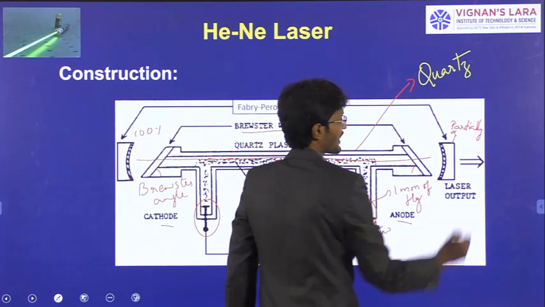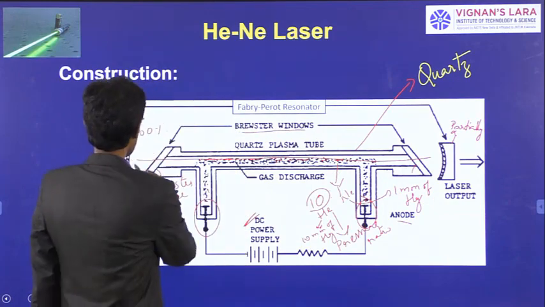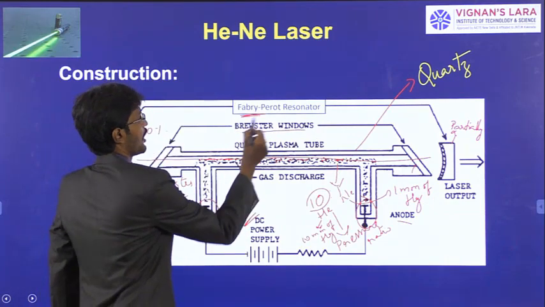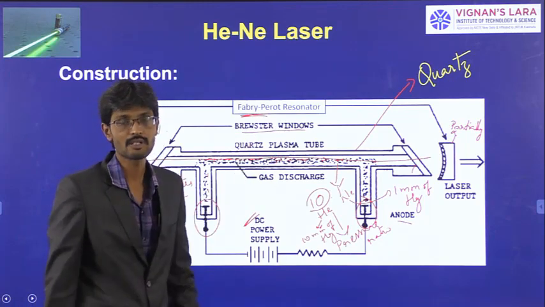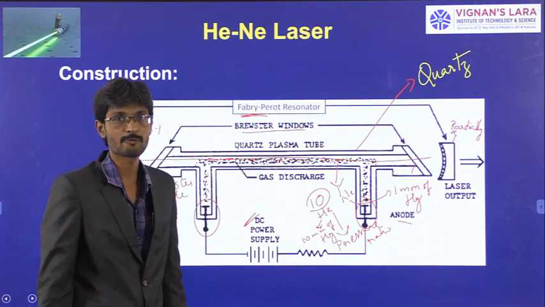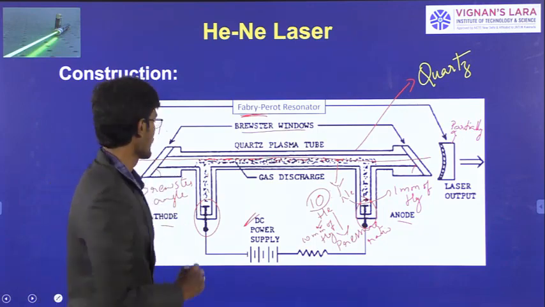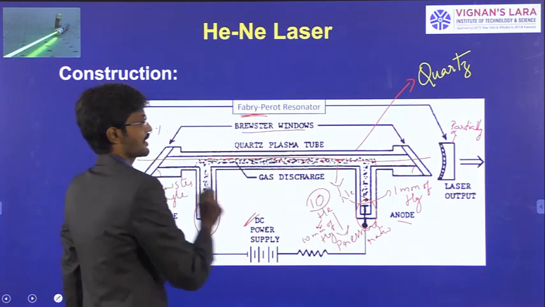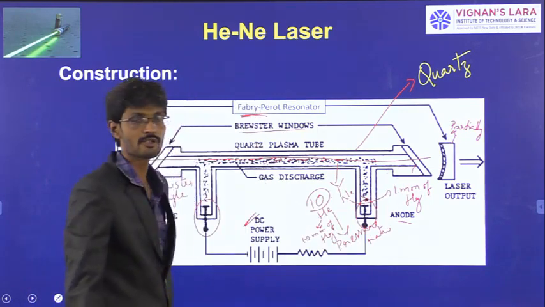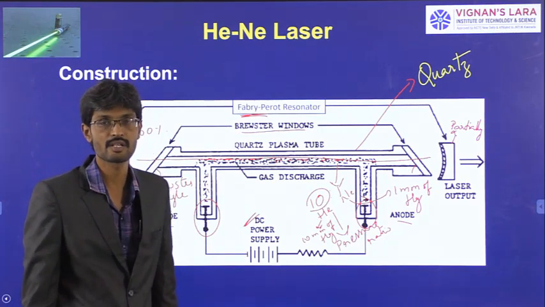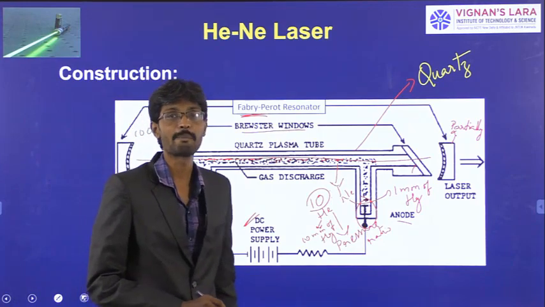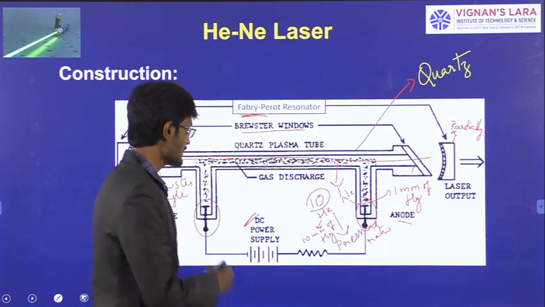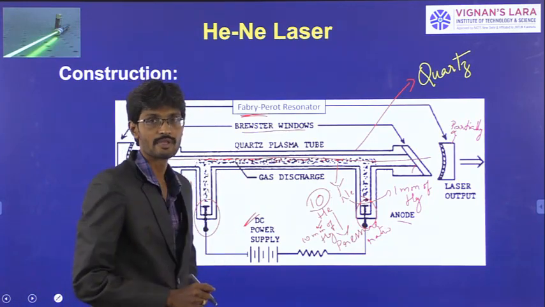The combination of these two mirrors is called an optical resonator, as in the last session, and this optical resonator is called the Fabry-Perot resonator. Now this is the construction of the helium neon laser.